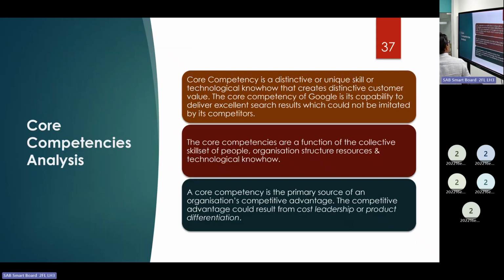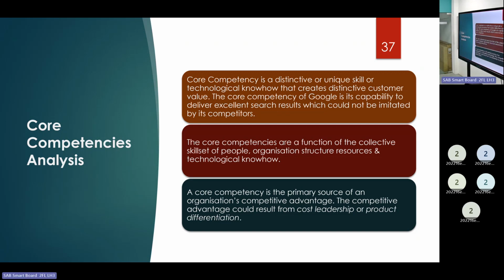The second one, core competency. What are the core competencies of the business? Core competency analysis. Core competency is a distinctive or unique skill or technological skill that creates distinctive customer value. Firms should have core competencies that give competitive advantage.